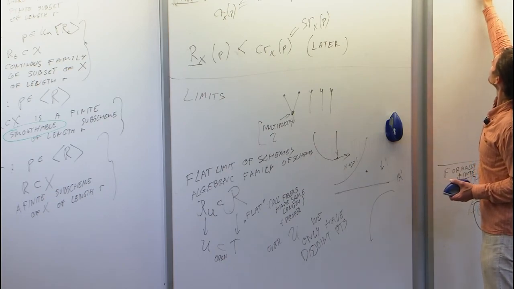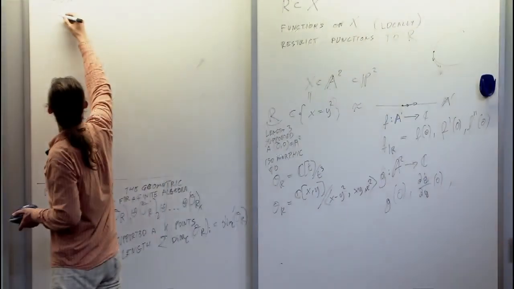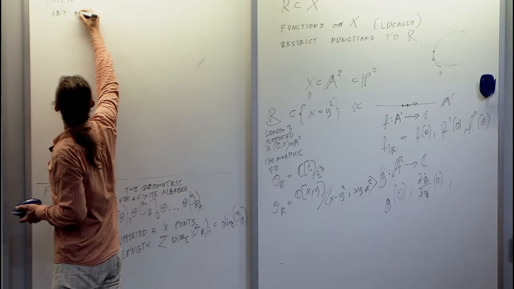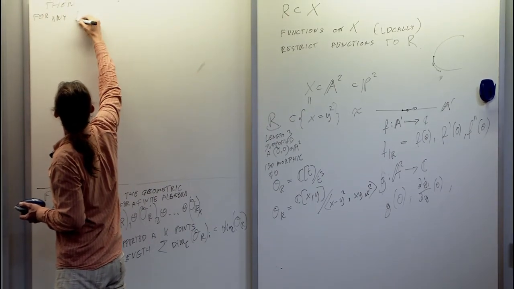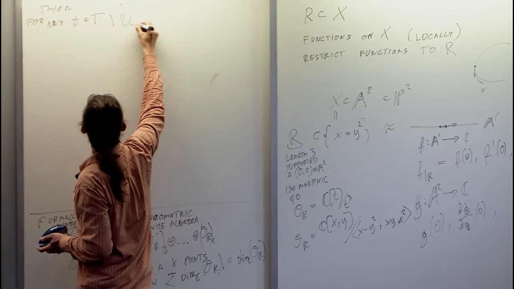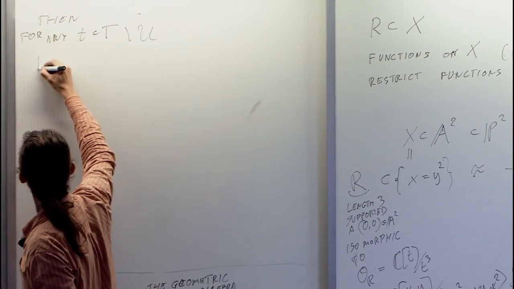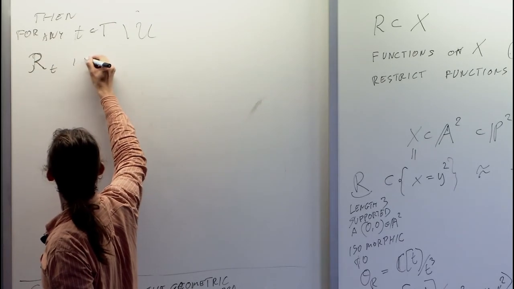Then the limiting point, so any scheme outside U, we say that the fiber R_T is smoothable.